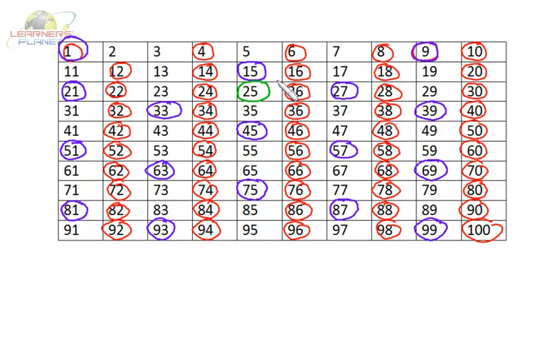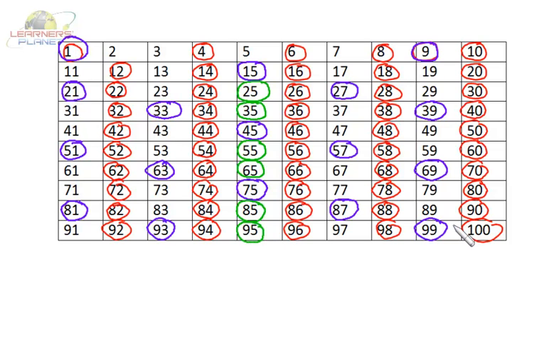It's 25, then 30, then the fifth number from 30 is 35, then the fifth number from 35 is 40, which is already circled, then 45, then 50, then the next number is 55, then 60, then 65, and then 70, then 75, and then 80, and the next number is 85, and 90, and 95, and 100.